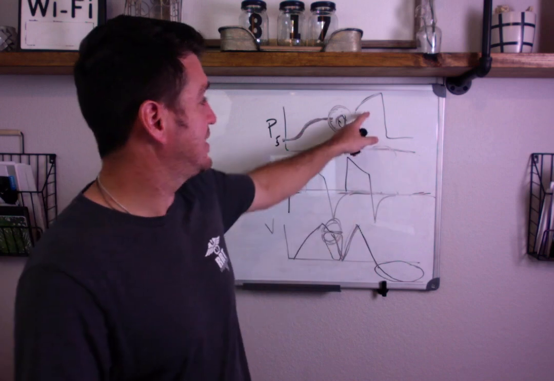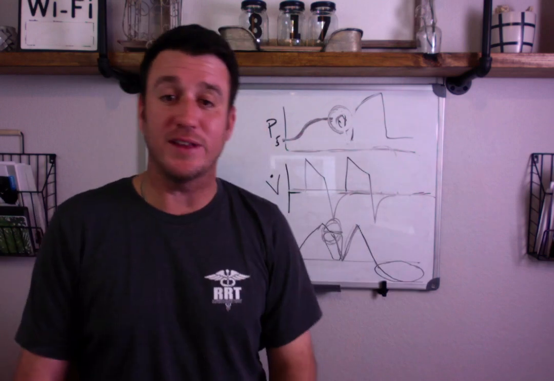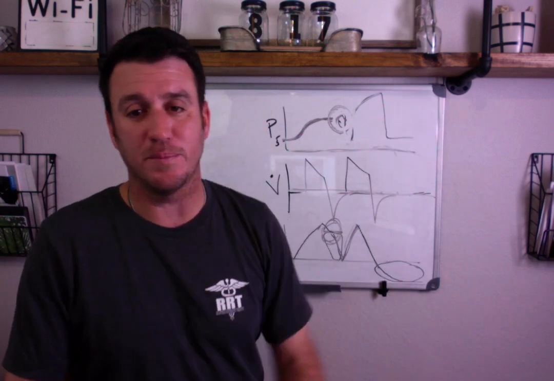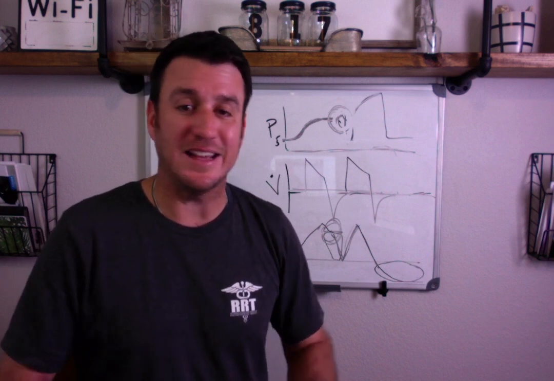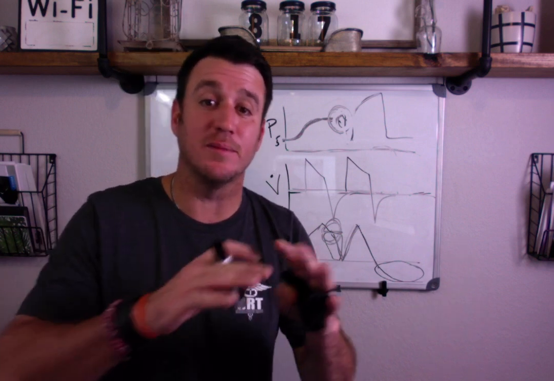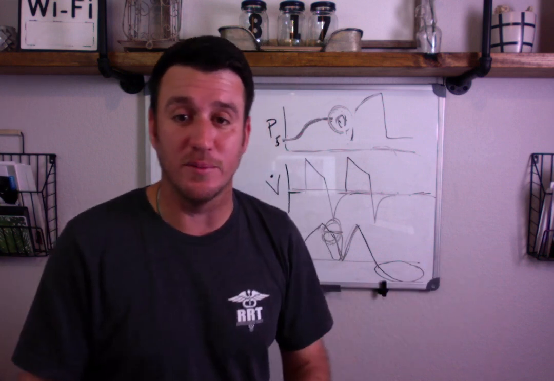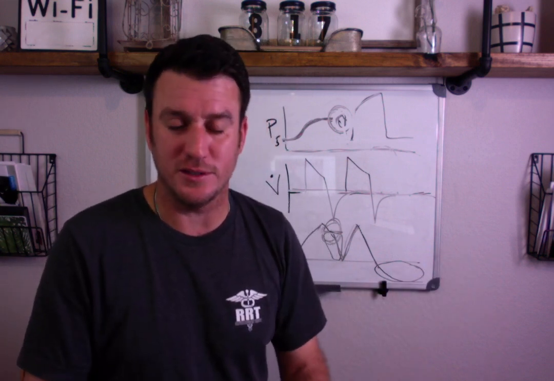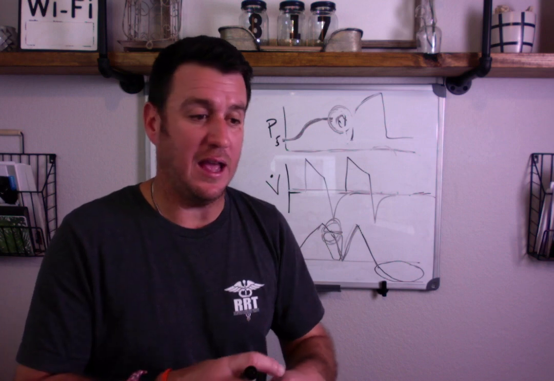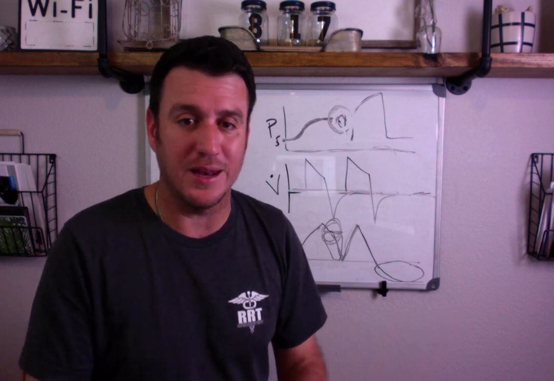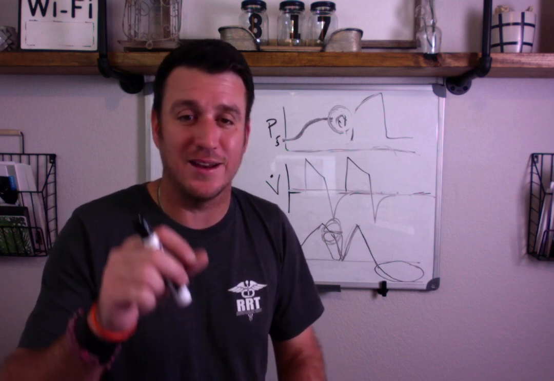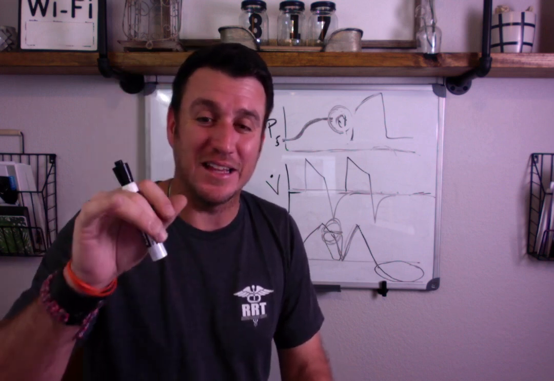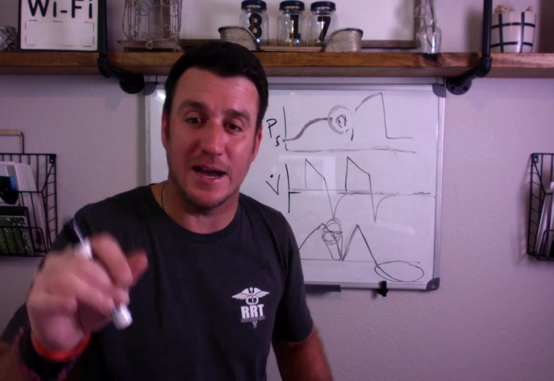Or you're going to go in and say, oh man, they're breath stacking, peak pressures are peaking out at 48, and that's too high. So I'm just going to turn my peak inspiratory pressure alarm up to 58 or 60. And you're just going to adjust an alarm. And that's not the right move.